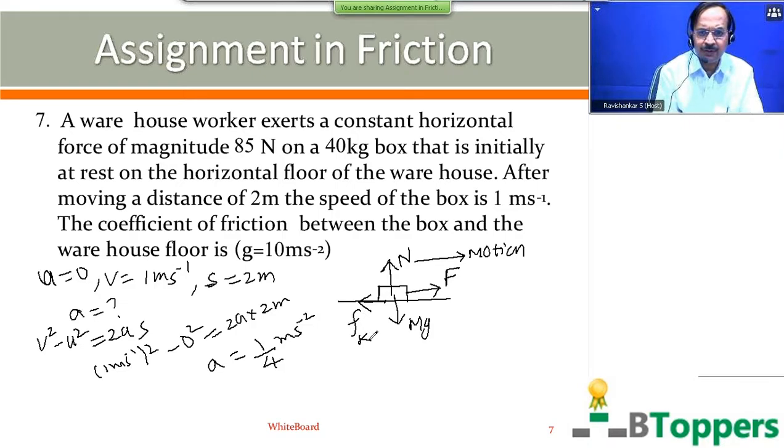Let Fk denote the magnitude of the force of kinetic friction, which acts opposite to the direction of motion. The body has no motion in the vertical direction, so the y component of the resultant force, N minus mg, is 0. As usual, I have taken the direction of the horizontal force applied as the x-axis and the vertical upward direction as the y-axis.